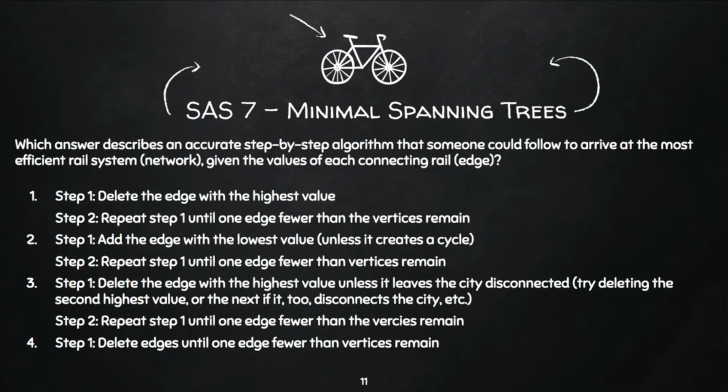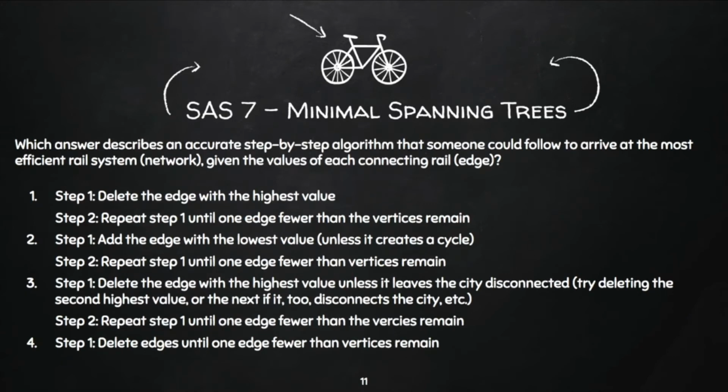I think because we can't have cycles, you remember that, we probably should start at the lowest. So let's see what it says. Step 1, add the edge with the lowest value unless it creates a cycle. Step 2, repeat step 1 until one edge fewer than vertices remain. You know what? I think that's correct.